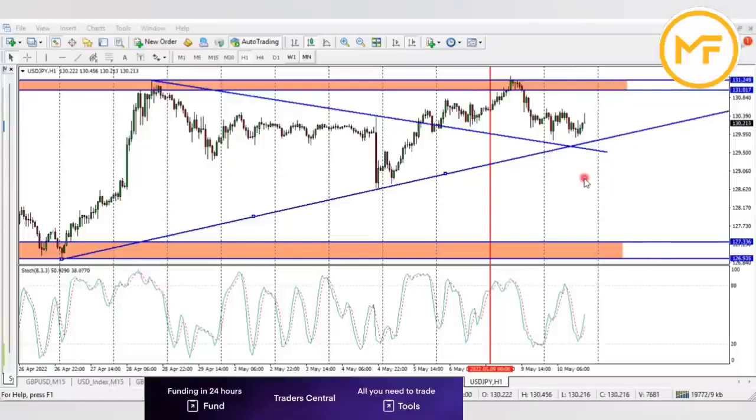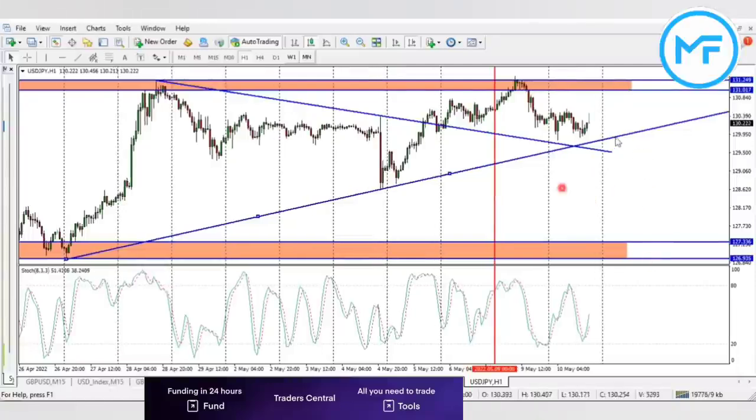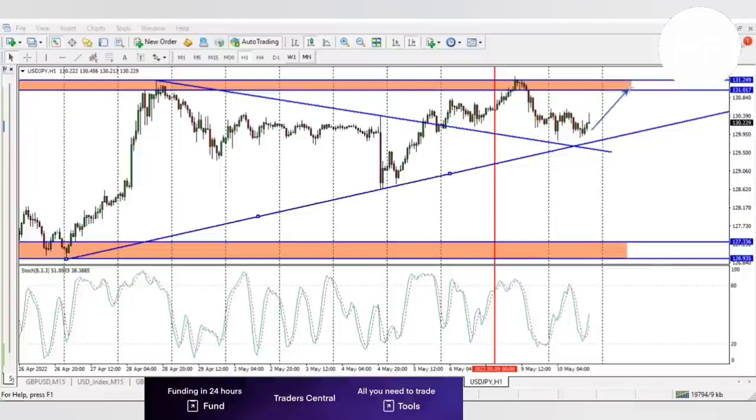As the week goes on, Wednesday, Thursday, it's closer here, and if it goes below here. Because where it is now, it can go back here and then sell. So you can sell right here, in this zone, when it comes back here.